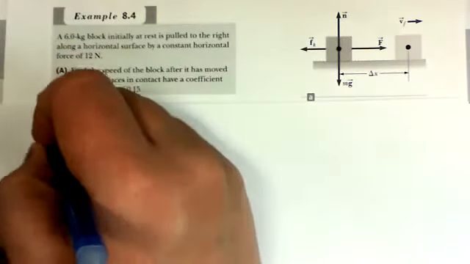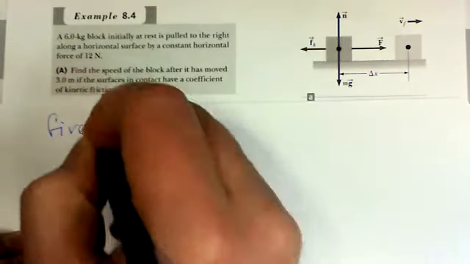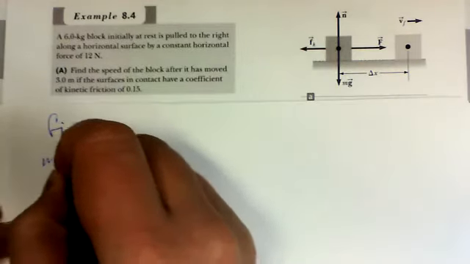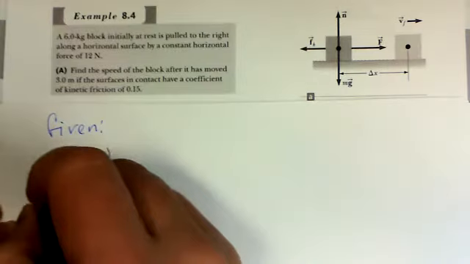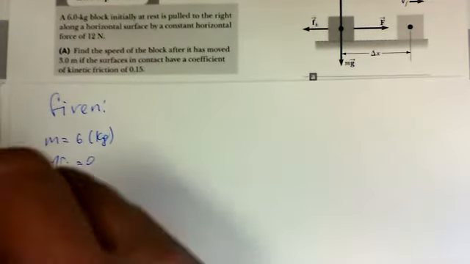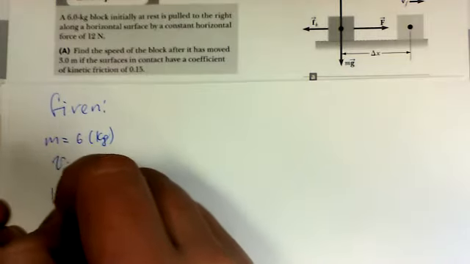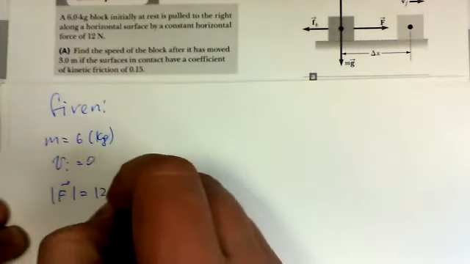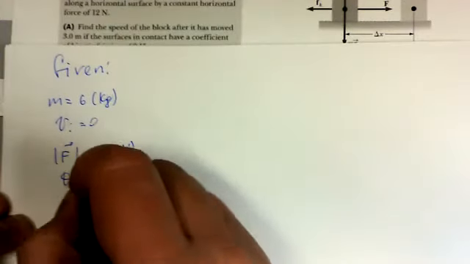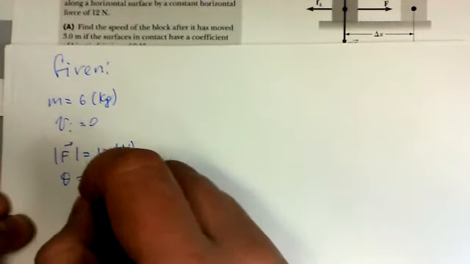So let's again collect what is given. Again, mass is 6 kilograms. Initial speed is 0. Absolute value of the external force is 12 newtons. Angle between the applied force and the horizon is 0.